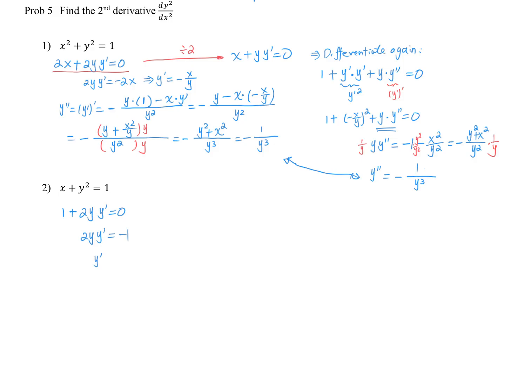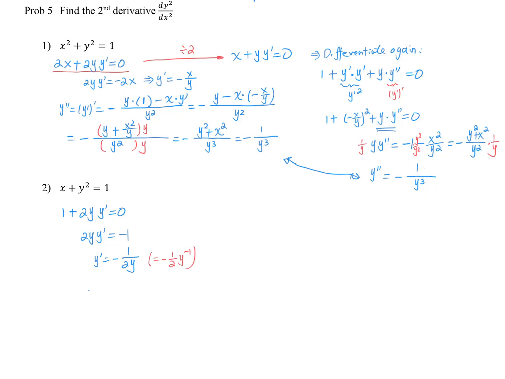And y prime is pretty easy to solve. Just simply divide both sides by 2y. And to find the second derivative, instead of the quotient rule, I prefer to use the power rule. So I'm going to write this as negative 1/2 y to the negative 1, so that we can use the power rule.